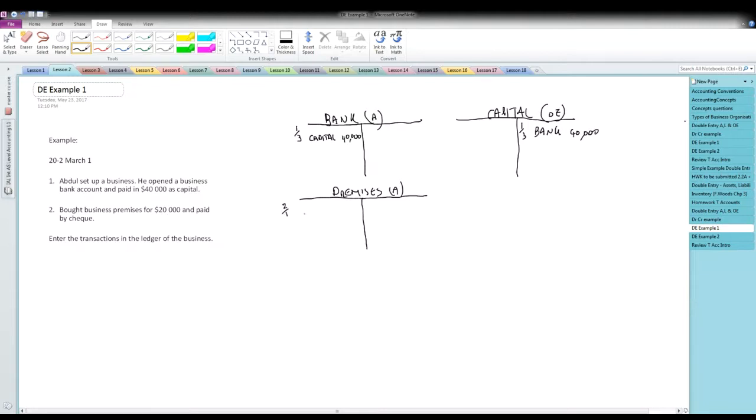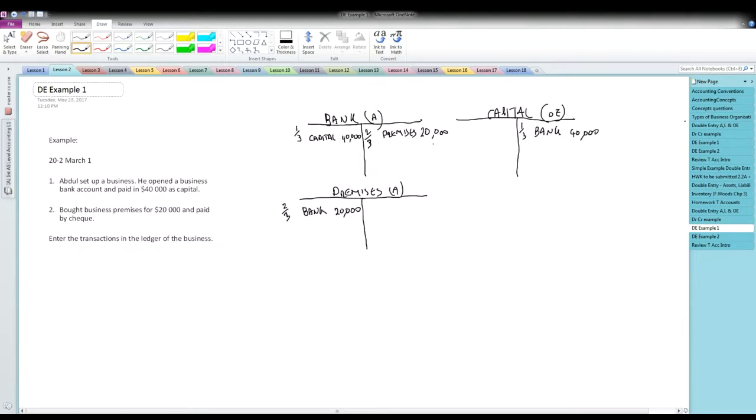So the money is coming from the bank account, so the contra account is bank. So our premises account is an asset going up, and our bank account is an asset going down. So we write premises, $20,000.